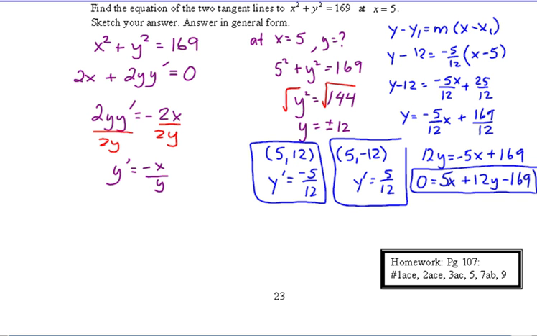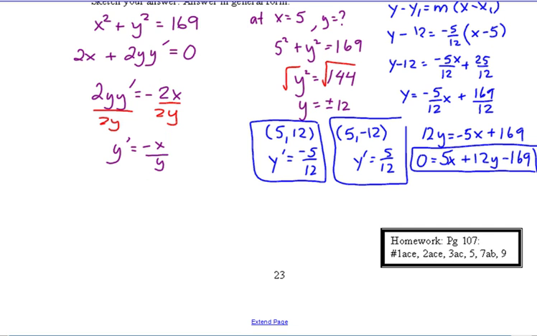I know. It's so tedious. Okay, one more. I'm going to do it down here. So it's pretty similar, the equation, because you're going to have y plus 12 instead equals, our slope is 5 over 12, times x minus 5.